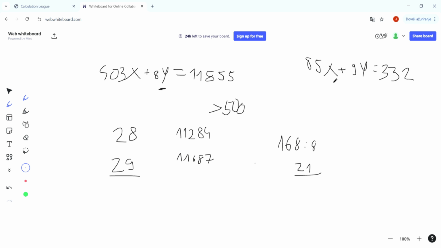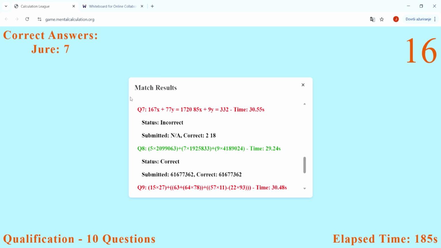Then when you try x3, you get 255, and then there remains 77. 77 is not divisible by 9. And when I tried 2, when I was doing 332 minus 170, I somehow got 152, and I figured, oh, okay, that is not divisible by 9, and I made that mistake. So it cost me not just one task, but also 10 to 15 seconds. But yeah, that is bad.